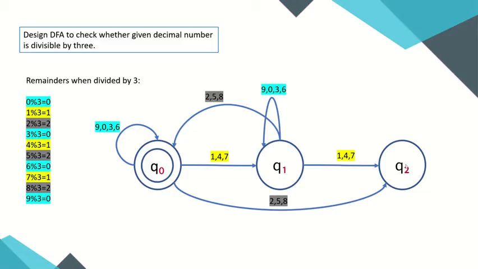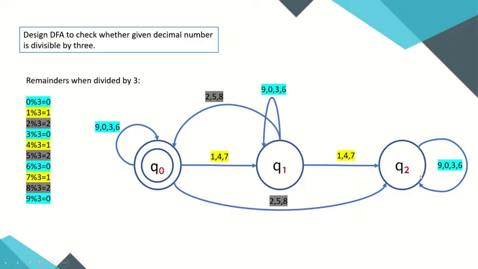And when we give 9 at Q2, which makes 119, divided by 3 the remainder is 2. So it should end in the state Q2 only. So we are giving a self loop. You can also check with these numbers, 110, 113, 443, 746. This all results in the remainder 2. So we are giving it a self loop to Q2.